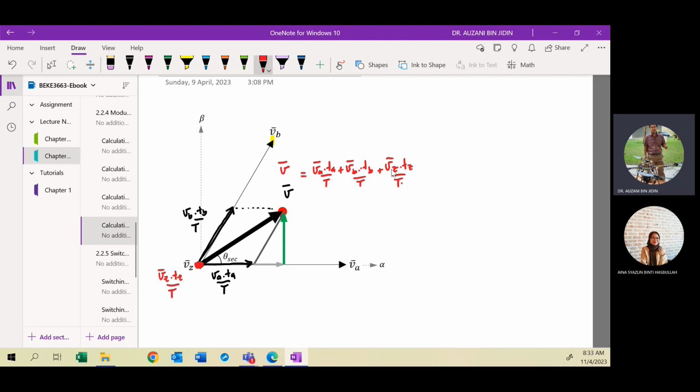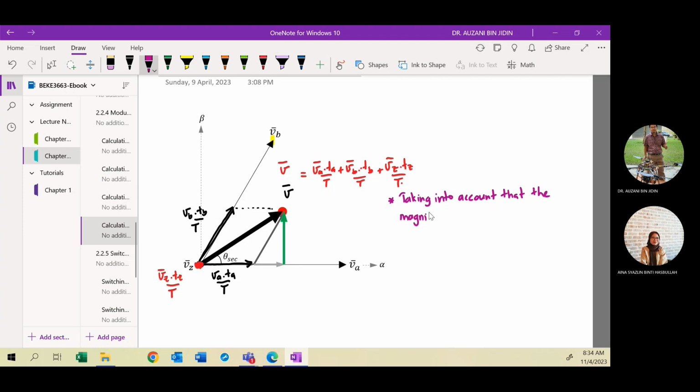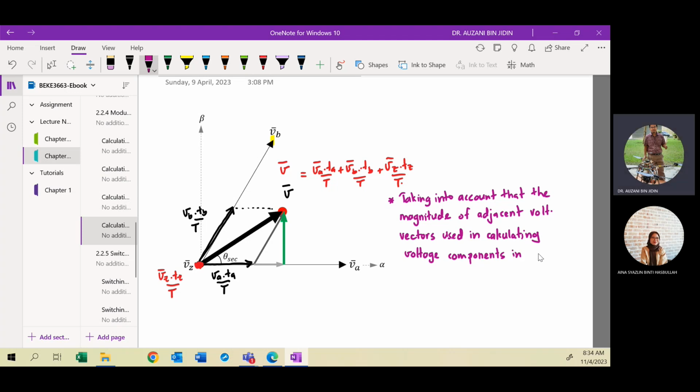Okay, so you have to take note that, maybe I write here, taking into account that the magnitude of adjacent voltage vectors used in the voltage components in equations 18 and 19.